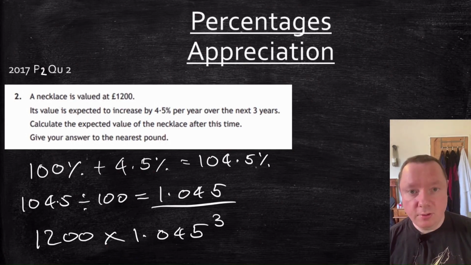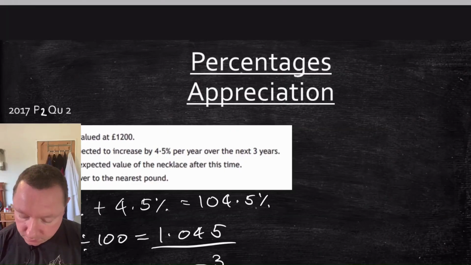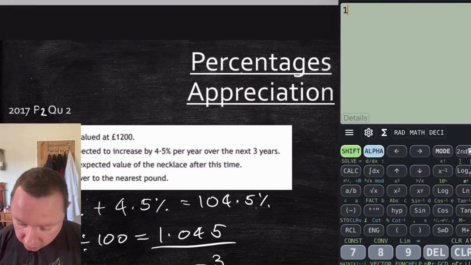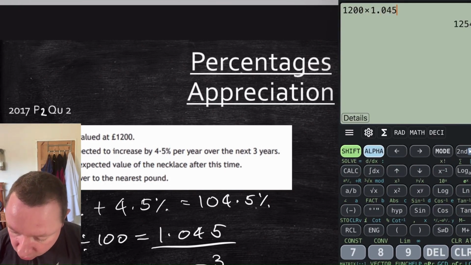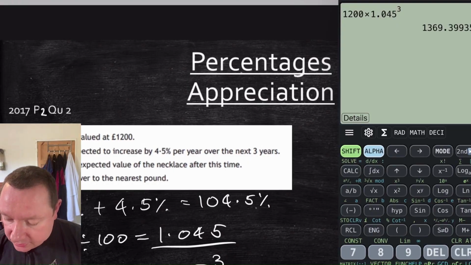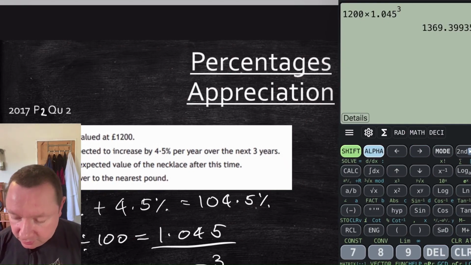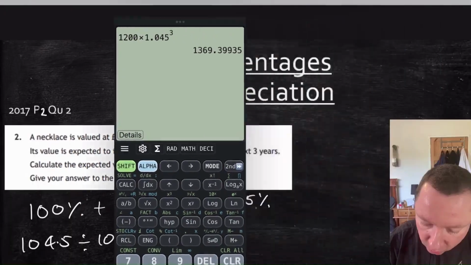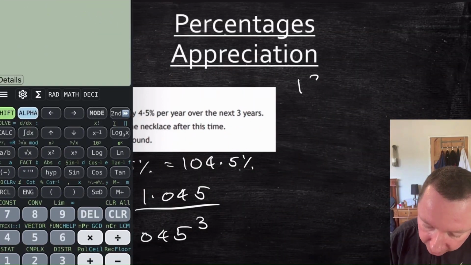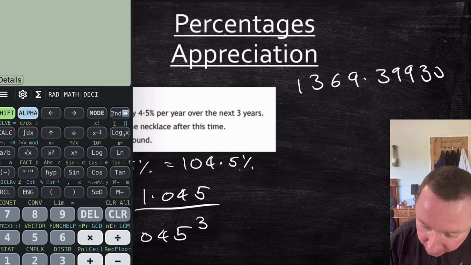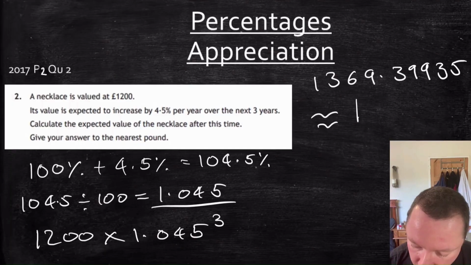So now we definitely need a calculator. 1,200 times 1.045 to the power of 3 is 1369.39935, which equals to the nearest pound 1369 pounds.